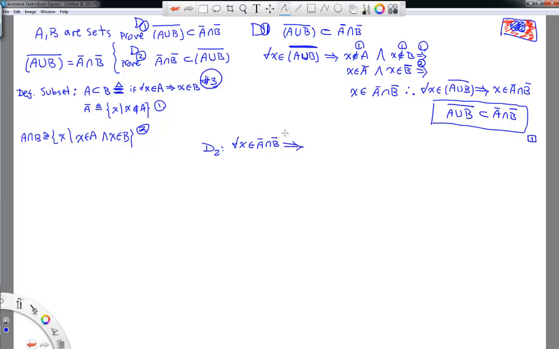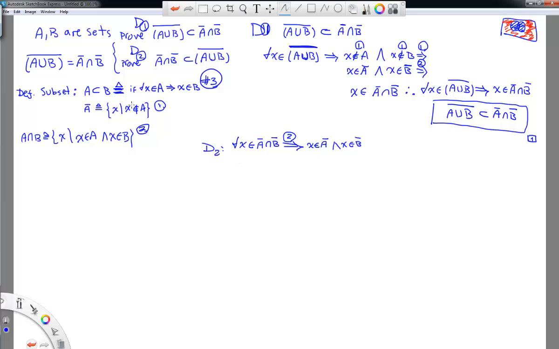According to definition 2, if x belongs to A intersect B, then x belongs to A and x belongs to B. So then x belongs to A complement and x belongs to B complement.